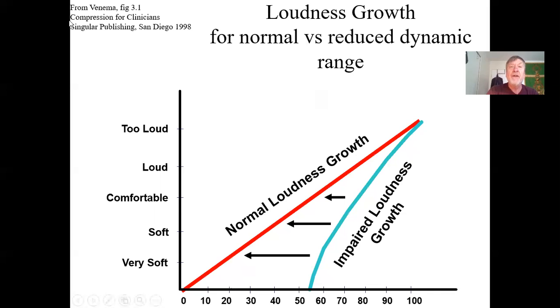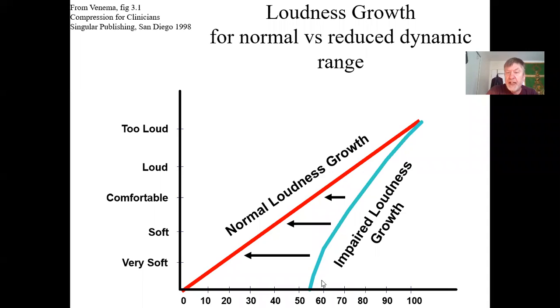It's like their floor and ceiling came together. But notice I didn't put my hands together like this. I kept my ceiling the same. The floor went up. Their floor of hearing, their ground level rose. So they can only hear from here to here instead of from here to here.